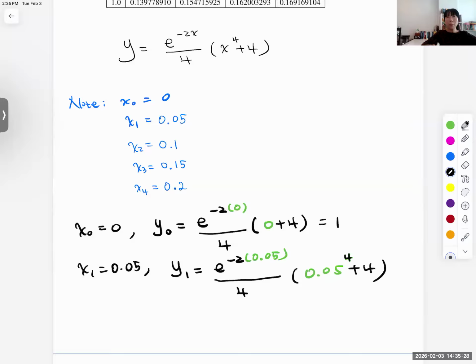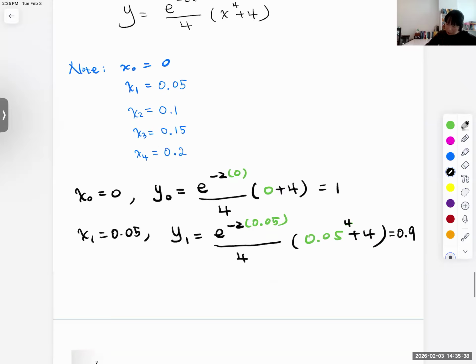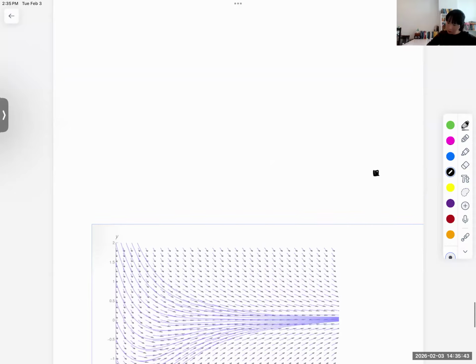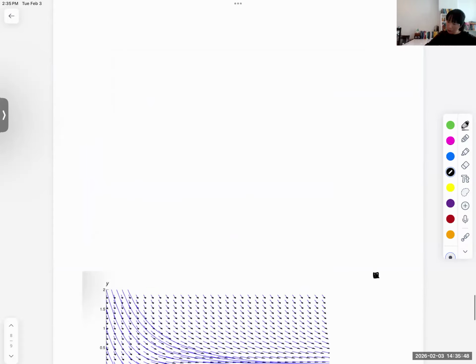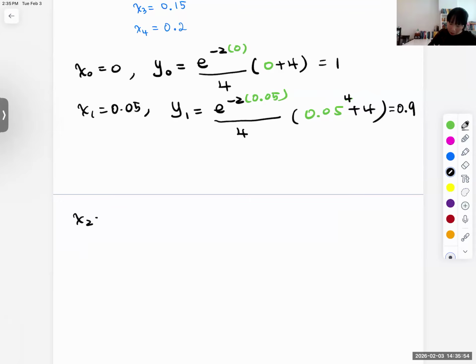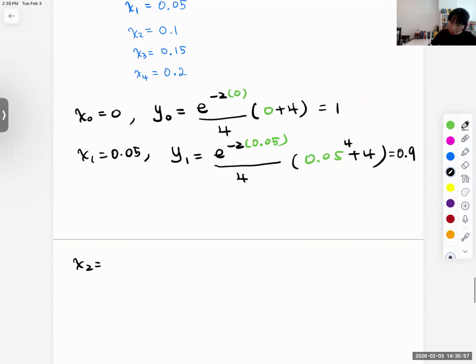Can you please calculate? It's 0.90, same as 0.9, right? Okay, x sub 2 equals 0.1.